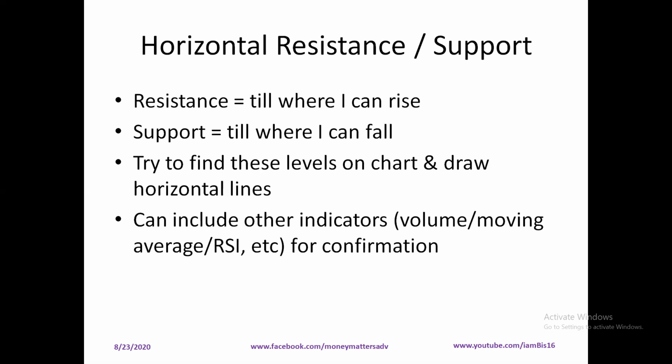Obviously, if you have other indicators like volume, moving average, RSI, the reason I have mentioned these is because these are the things which I use extensively in my charts.